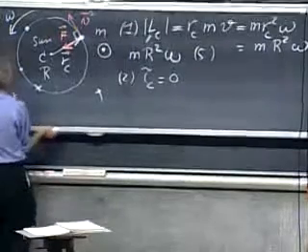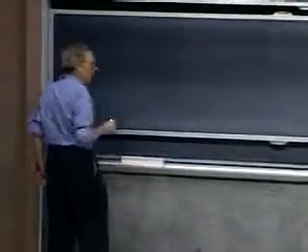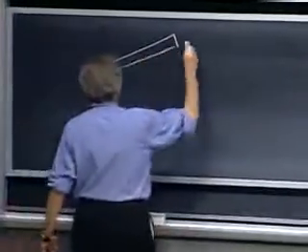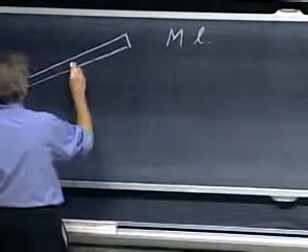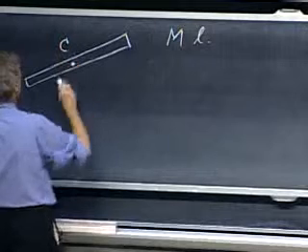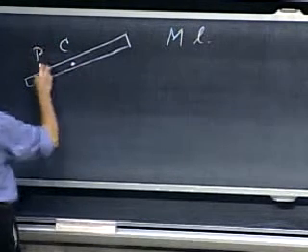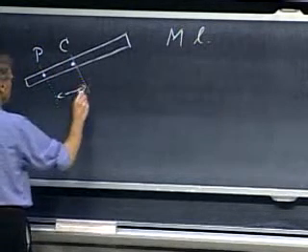Now I take another example whereby angular momentum is only conserved relative to one point, but not to any other point. I take a ruler or a rod, and the rod has mass m and length L, and C is the center of mass of that rod, but I force it to spin about point P, and this distance is d.